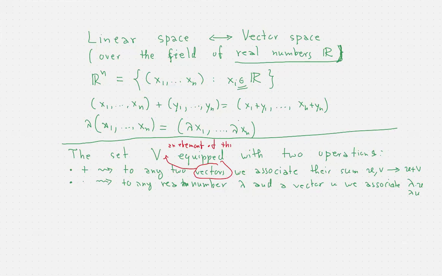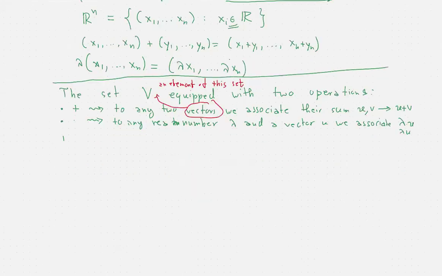So, this set is going to be called the vector space if it satisfies the following properties. And here are the properties.